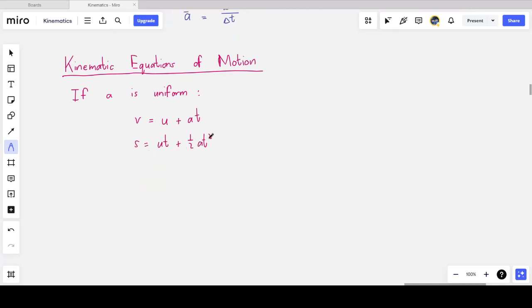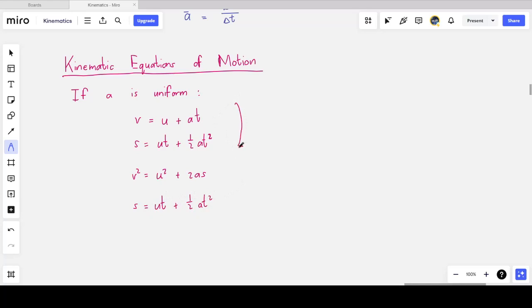And I'm not going to derive these equations. I mean, you would have done these derivations again and again. You can derive them if you wish. Two of them are given on your formula sheet anyway. V squared is equal to U squared plus 2AS, and S is equal to UT plus a half AT squared.